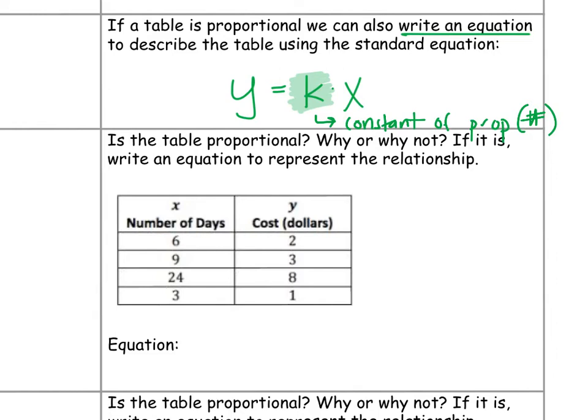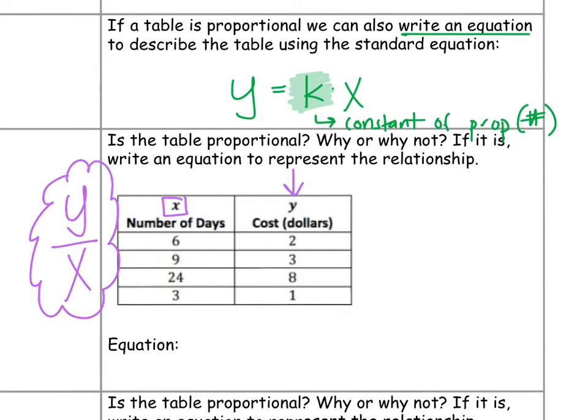So looking at this next example, is this table proportional? Why or why not? And if it is, we can write an equation. So we always are taking, remember, y divided by x to figure out proportionality. Here is my y, here is the x. So when I look at each row of this table, I need to see, will it simplify to the same thing?